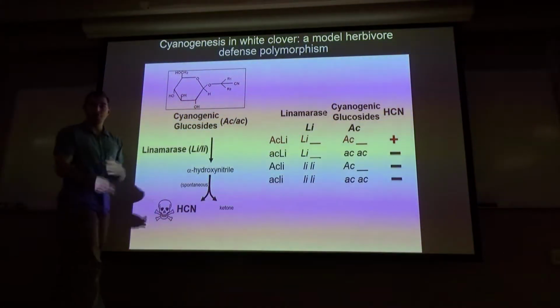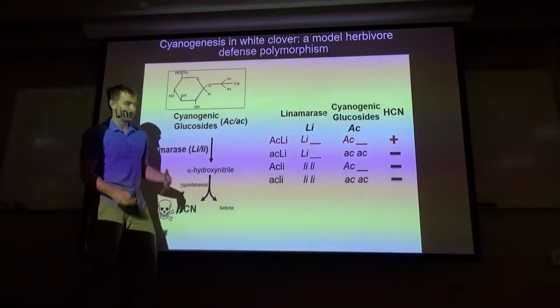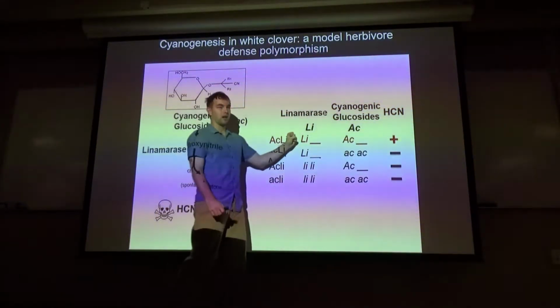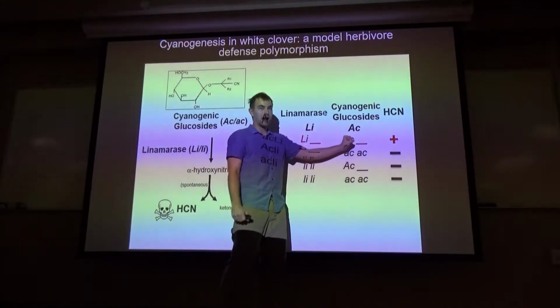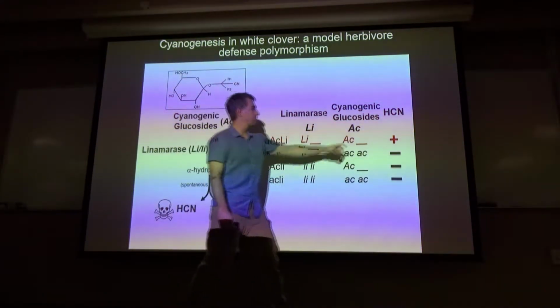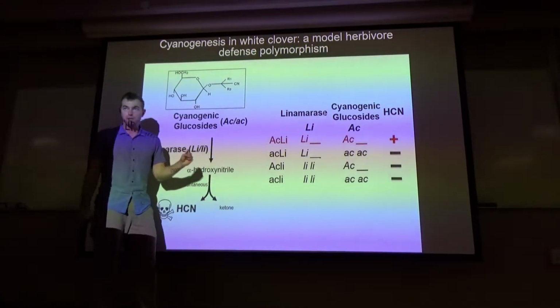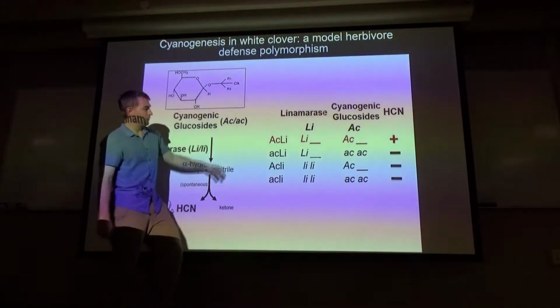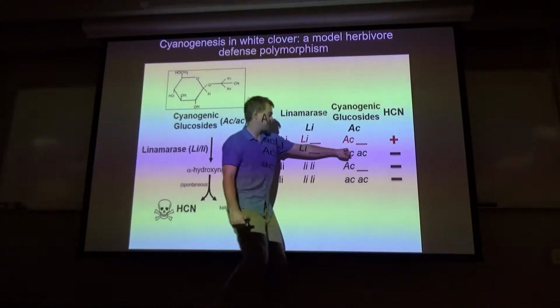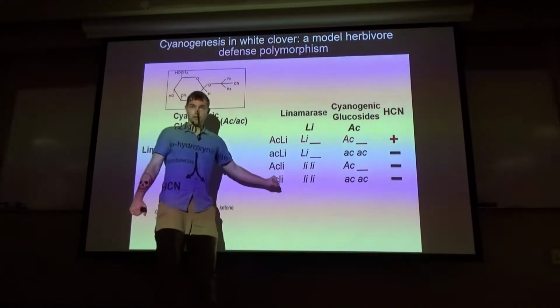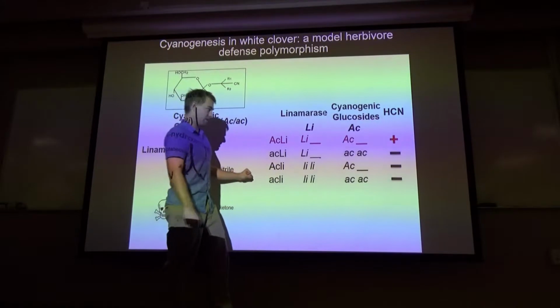Now, what does this mean in terms of the cyanogenesis phenotype? Let's run through this because the entire talk kind of depends on this. If you have one copy of the big Li allele, and you have one copy of the big Ac allele, you're capable of producing hydrogen cyanide. Just like those examples we were talking about with epistasis earlier, if you don't have one big Ac allele, or you don't have one big Li allele, or you don't have either of these in a plant, you're not capable of producing hydrogen cyanide.